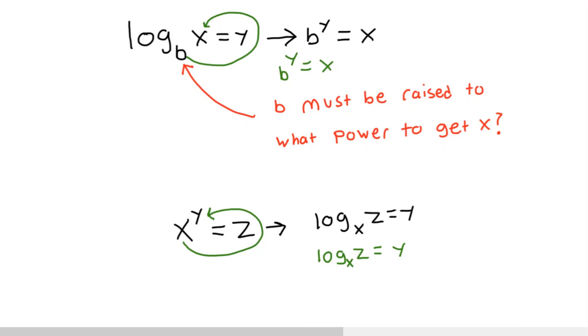So now let's try a couple of examples. We should be able to breeze right through these. If I have log base 11 of 121 equals 2, and I want this in exponential form, let's do the swoop method.